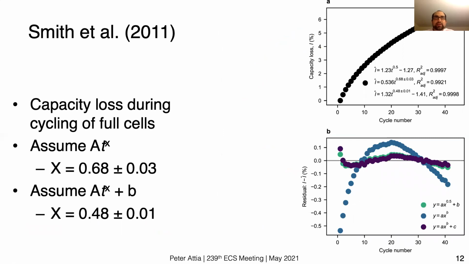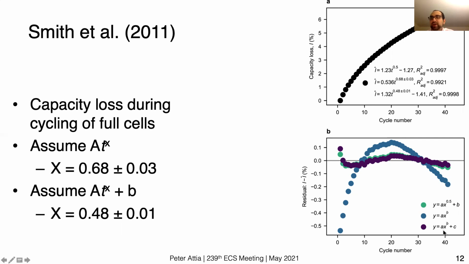So here's another paper from Smith et al., kind of confusingly also in the same year, but this is another Jeff Dahn paper. This is looking at one full cell, so measuring capacity loss for a full cell. This is just around 50 cycles. For this one, we can see a pretty clear trend in the residuals for all of these models, so none of them are quite capturing the data well.